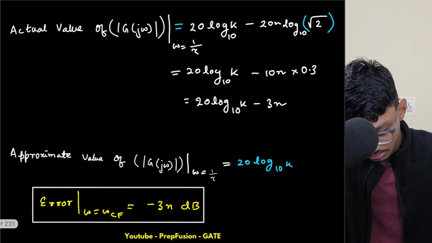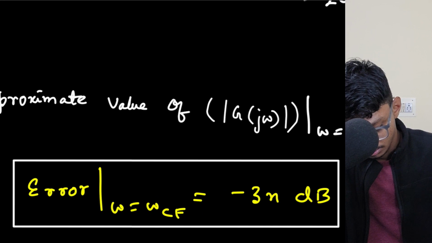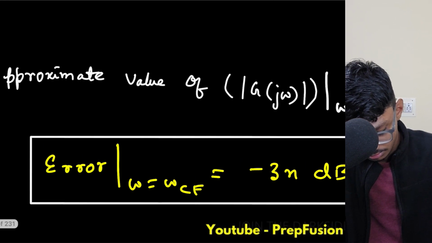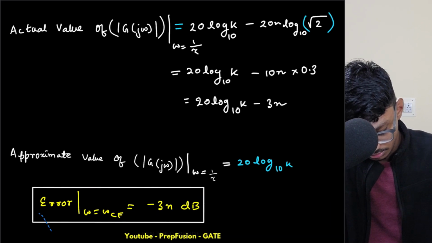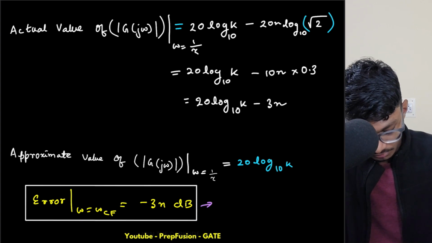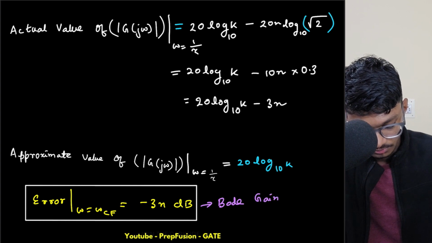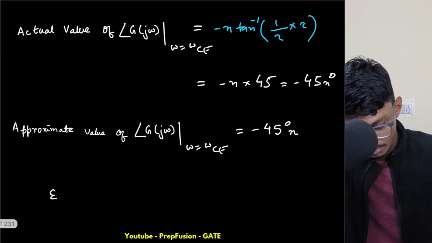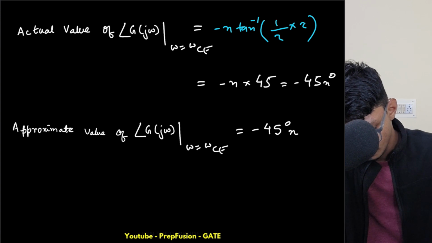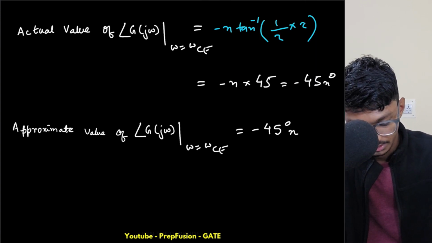So this is the error. I should write here: error in Bode gain plot, and here the error will be simply 0 because both of them are telling the same thing.